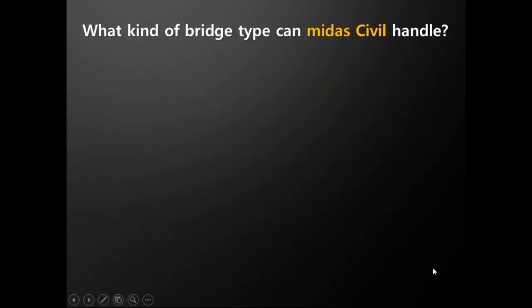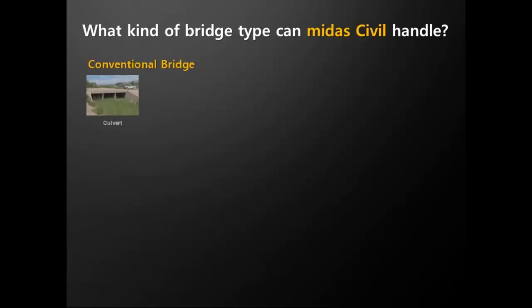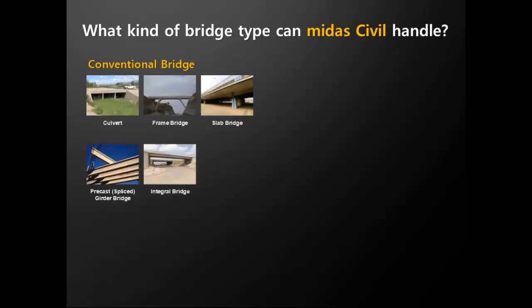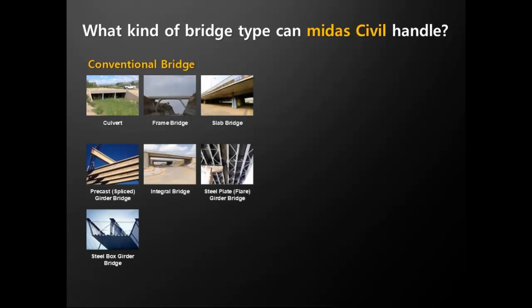So what type of bridges can MIDAS Civil handle very easily? It could handle all your conventional bridges: culvert bridges, frame bridges, slab bridges, then precast spliced bridges, integral bridges, steel plate girder bridges and steel box bridges.